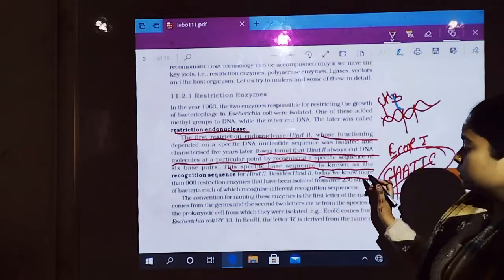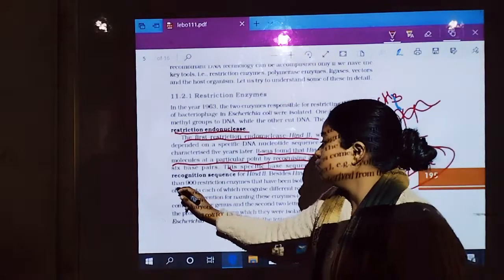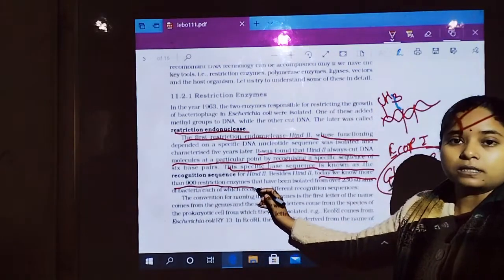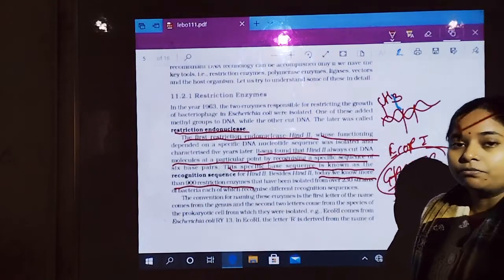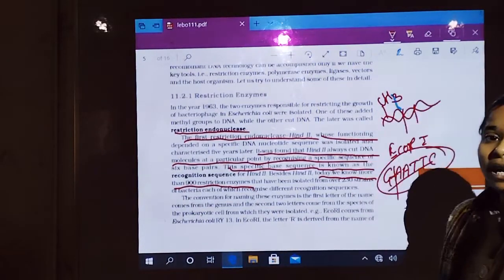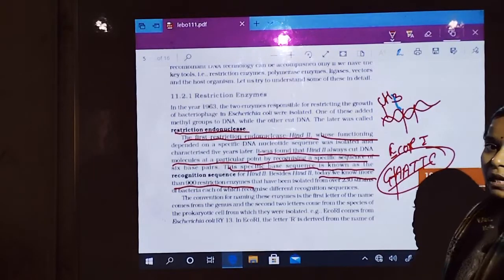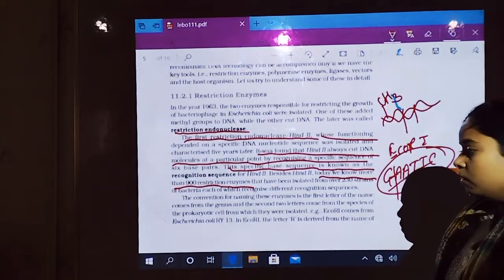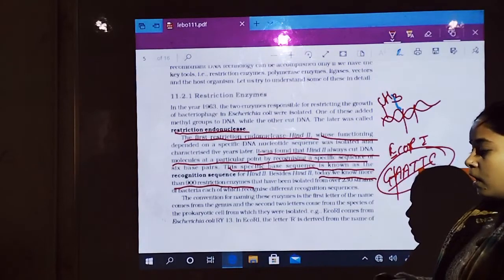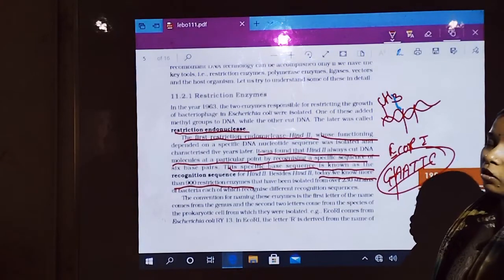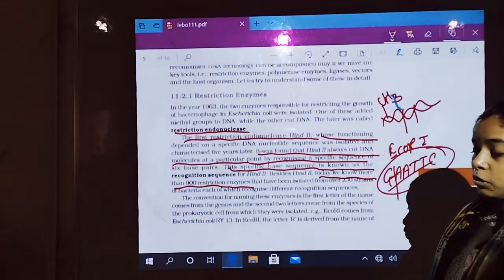Today we know more than 900 restriction enzymes. What are these restriction enzymes? They get isolated from living organisms like E. coli.